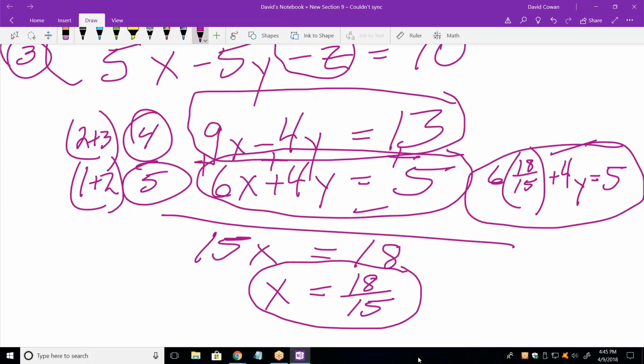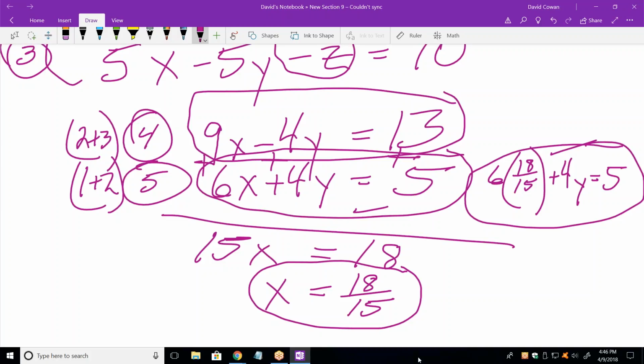What's important to realize is, can you solve that for y? If I said your life depended on it and you had an hour, could you solve that for y? Yes. You have one equation and one unknown. You can always solve for it, as long as you have the same number of equations as you have unknowns.